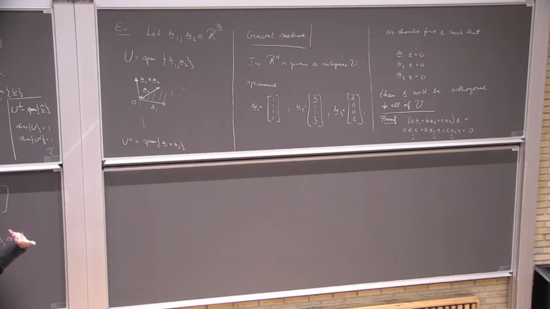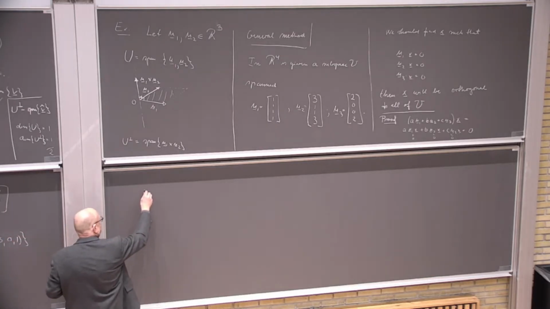Now I'm going to write down a system of equations, and I will show you that the system of equations is equal to the three equations I have up there, U1 times x and so forth.